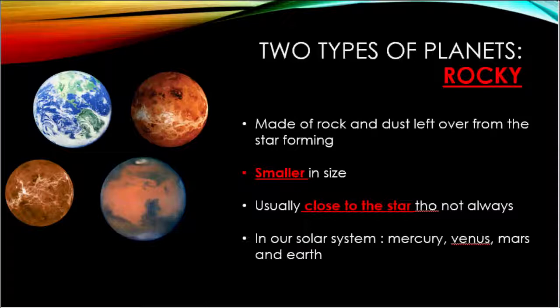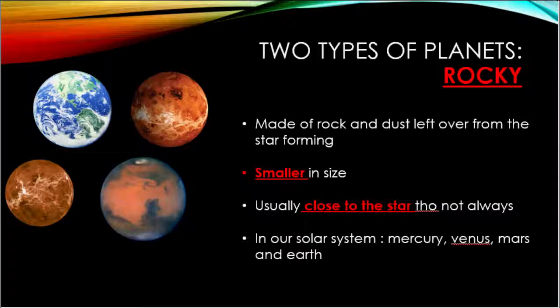So usually rocky planets are pretty close to the star that their material came from, and they tend to be smaller than the gaseous. And in our solar system, the rocky planets would be Mercury, Venus, Mars, and of course our own planet is obviously rocky. We studied the lithosphere already, right? So that would be Earth.